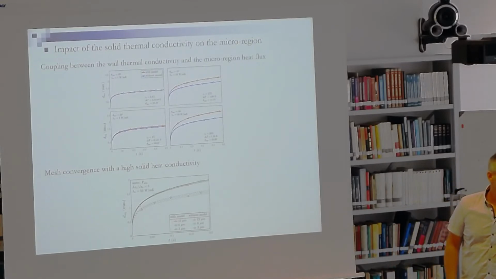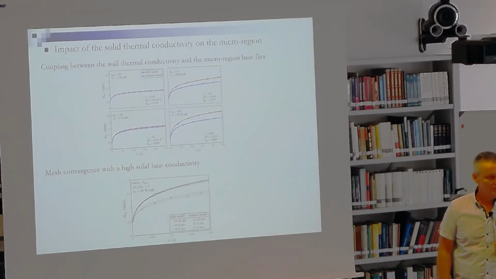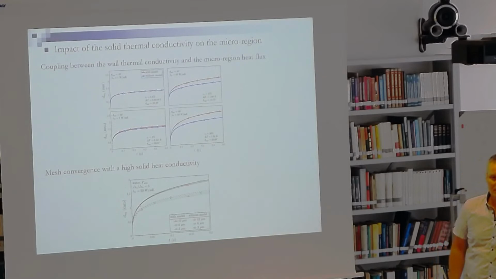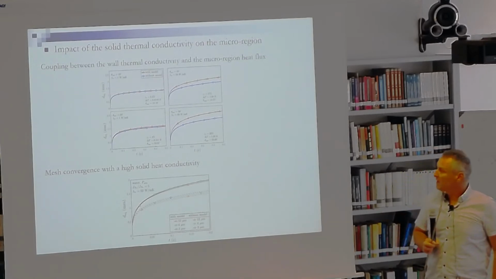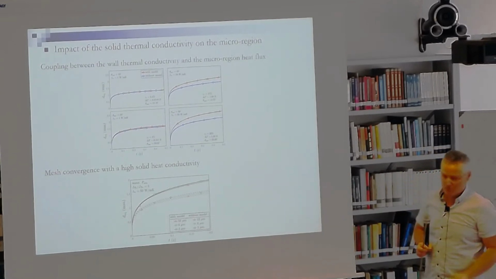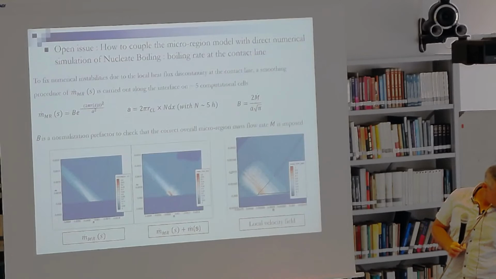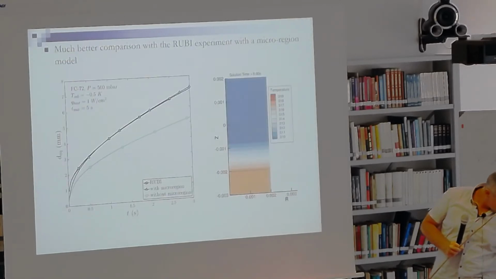To go further on these questions, the conductivity of the solids in your experiments is known, right? Yeah, about 25, approximately. This is not Ruby. This kind of simulation for Ruby.